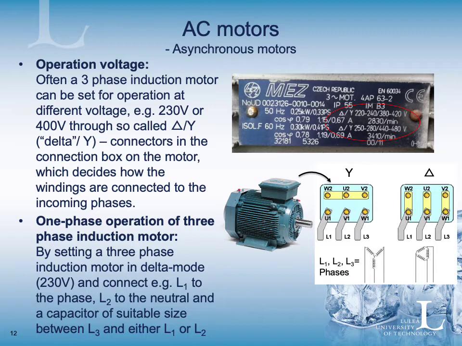And you connect, for instance, input phase 1, shown as L1 in the figure, to the phase, L2 to the neutral, and then you take a capacitor of suitable size, and there are tools how you calculate this size depending on the motor size and the RPM, etc. So you take this capacitor and put it between the remaining cable, L3, and either L1 or L2.